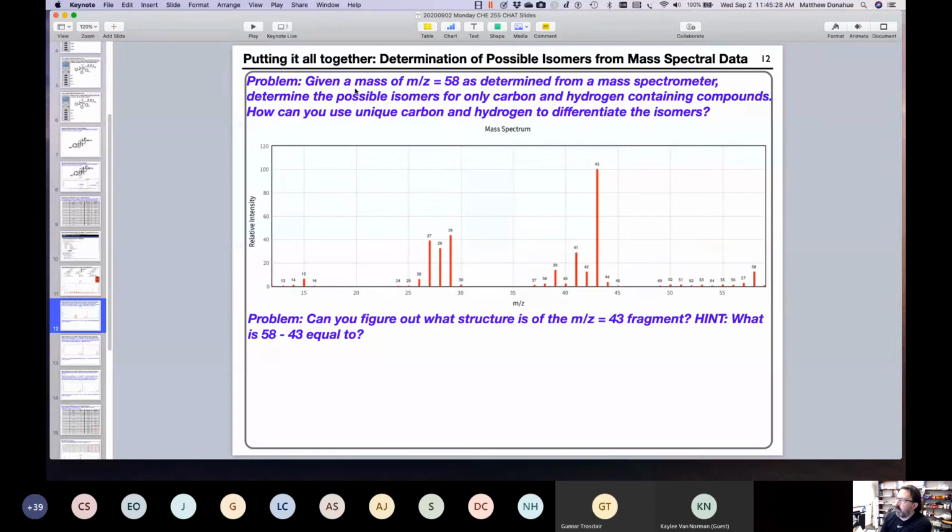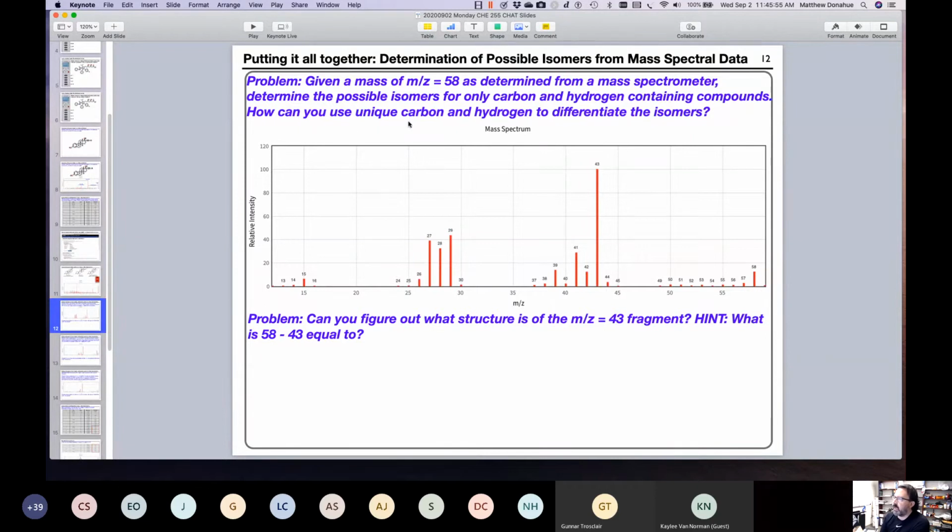You are given a mass of a parent ion that's 58. So the molecular weight is essentially 58. We see that here; that's the parent ion right there. Determine the possible isomers for only carbon and hydrogen containing compounds.